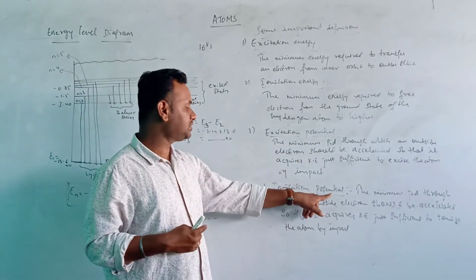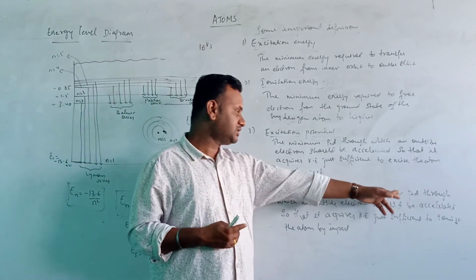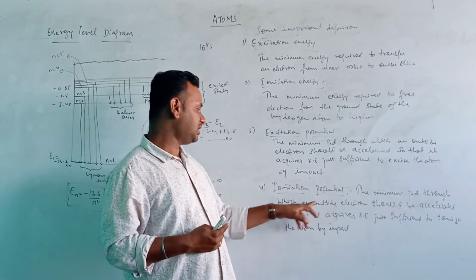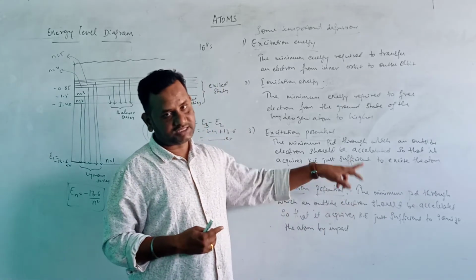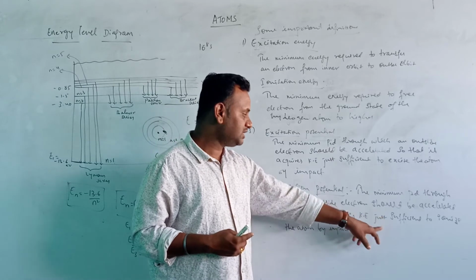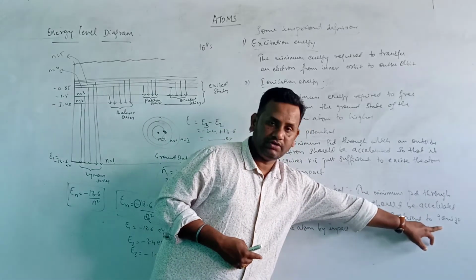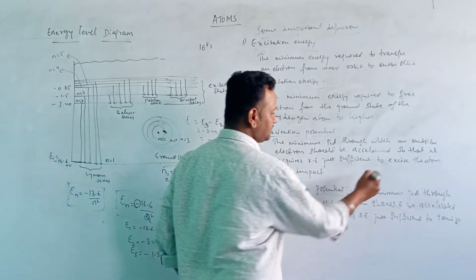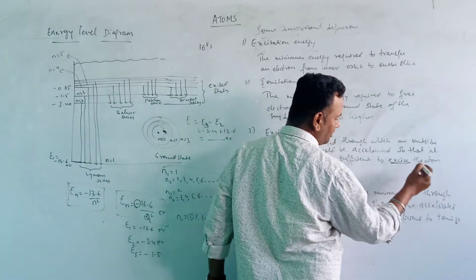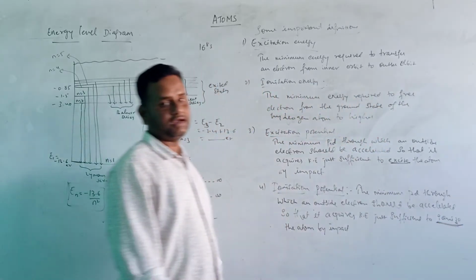Now ionization potential. It is the same. The minimum potential difference through which an outside electron should be accelerated so that it acquires a kinetic energy just sufficient to ionize the atom by impact is called the ionization potential. The difference is that here we are exciting the atom and here we are ionizing the atom.